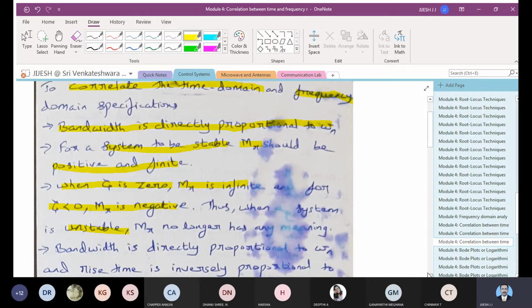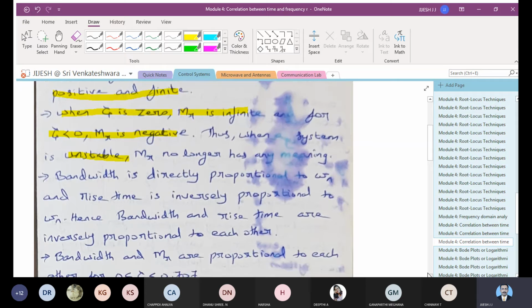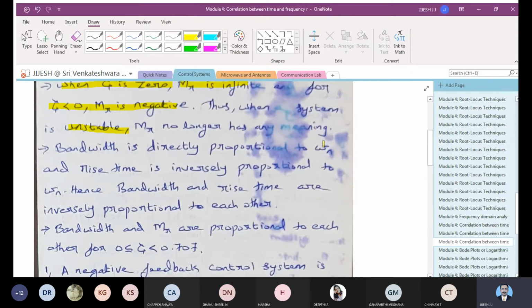Then one more point which we have to discuss here is the bandwidth. Bandwidth is directly proportional to omega n, and the rise time is inversely proportional to omega n. Hence, the bandwidth and rise time are inversely proportional to each other.